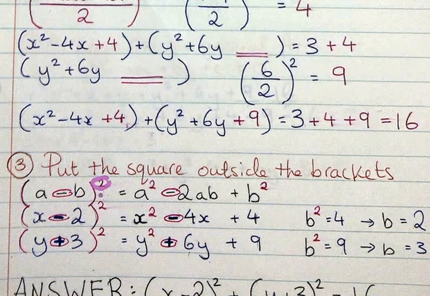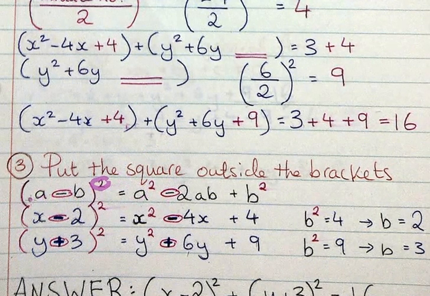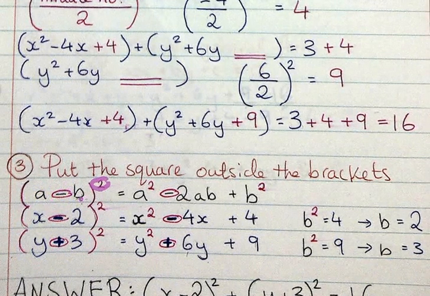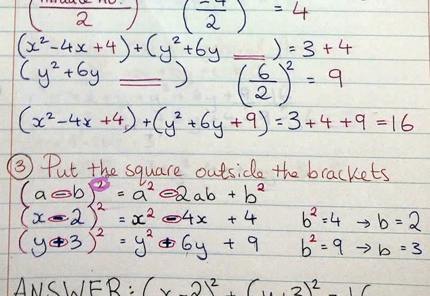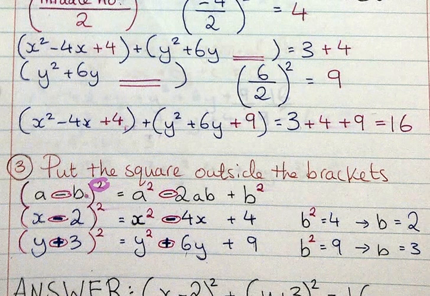So the way we do it is pretty simple. As you can see, the answer here would be an a, and then a sign, and then b. So we need two terms here. We took a and put it there, and then we took b and put it there, and then we took the sign of the middle number and put it in between the two terms, and then we put the square outside.